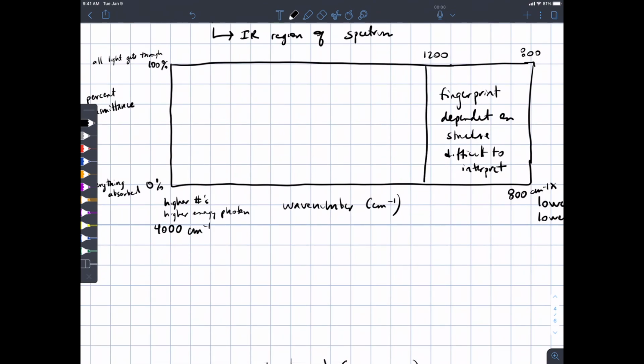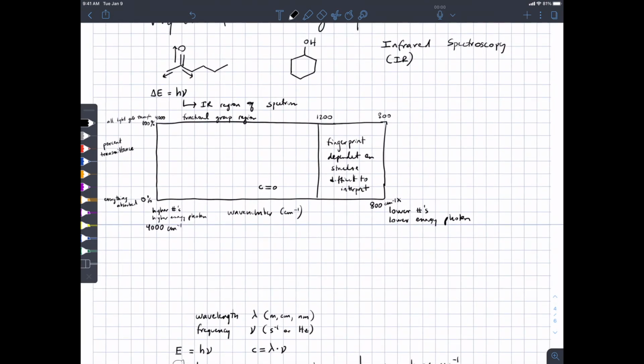Up here, though, between 1,200 and around 4,000 wave number, you've got the functional group region of the spectrum. Characteristic functional groups vibrate at certain frequencies. So for example, if you had a molecule with a carbon-oxygen pi bond, there's going to be a narrow and sharp and fairly deep peak at around 1600 to 1800 wave number in that region.